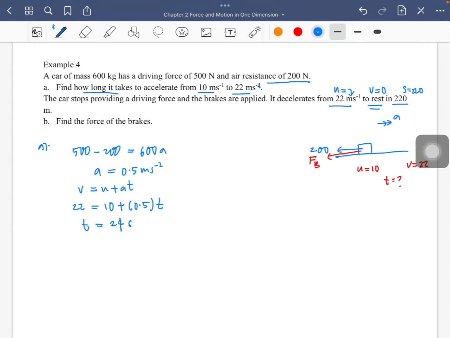For part B, the solution will be applying the SUVAT equation, and after that applying Newton's second law. So what is the best formula to find the acceleration?